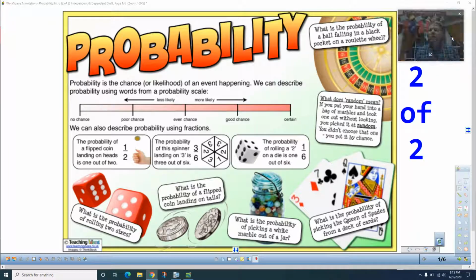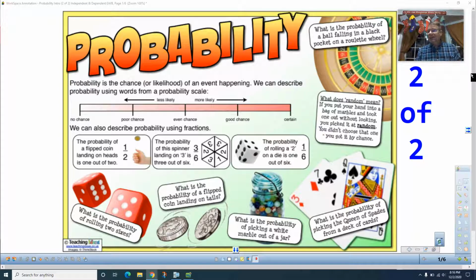We're still talking about probability, and this is the second one we're doing. It's a little introduction to probability anyway. We did conditional probability with two-way tables beforehand, and you see all the different pictures: dice, flipping coins, picking out marbles and cards, all the classic things that deal with probability.